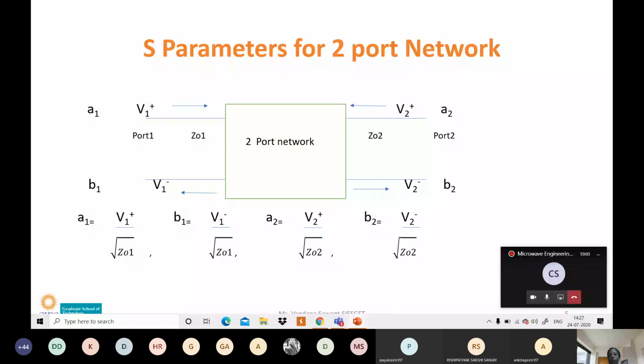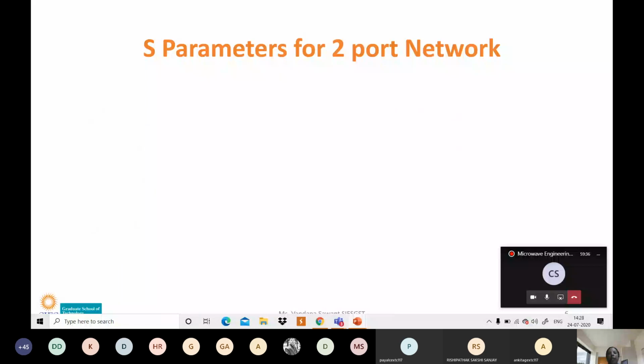Now, you can see we have already written the formula for S11. What does S11 mean? Back reflected signal at 1 divided by incident signal at 1, because S is equal to B divided by A. The back reflected signal at port 1 is B1 and the incident signal at port 1 is A1.